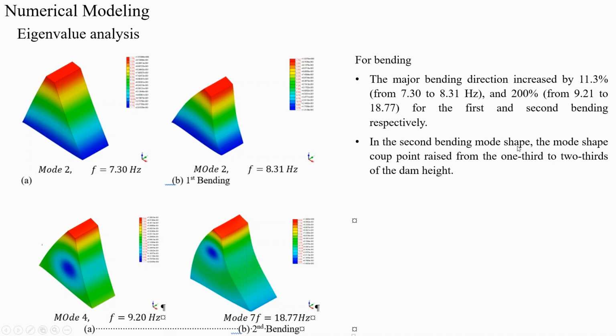Moreover, in the second bending mode, the mode shape cut point raised from the first third to 2/3 of the dam height, which is a great change and affects the dynamic time history analysis.